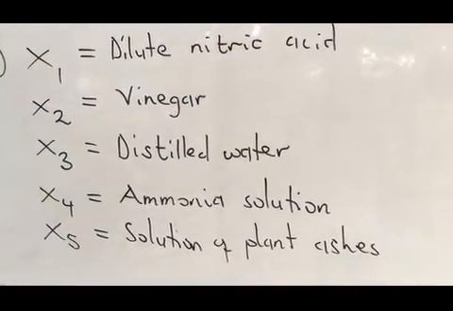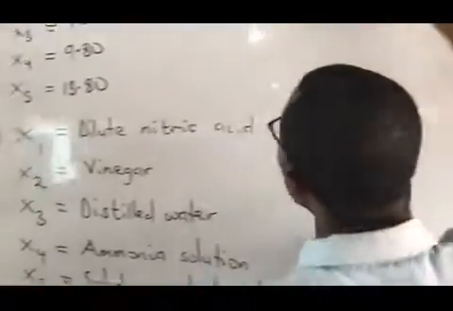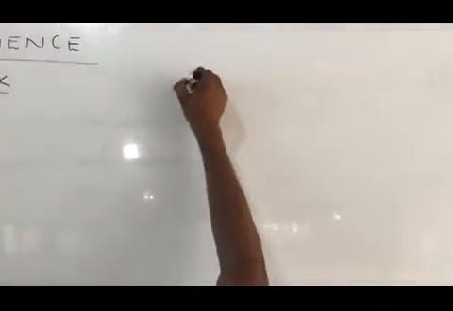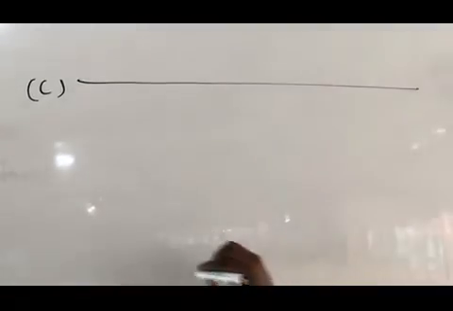Now the C is asking you to tabulate your data as shown below. So you are just redrawing the table indicated in C, and then the information you had in A and B, you put it in the C. So you have this table.